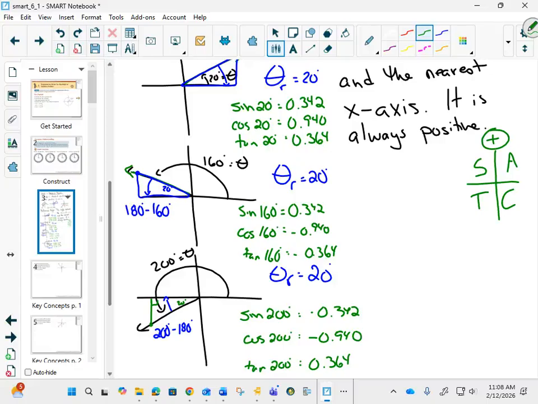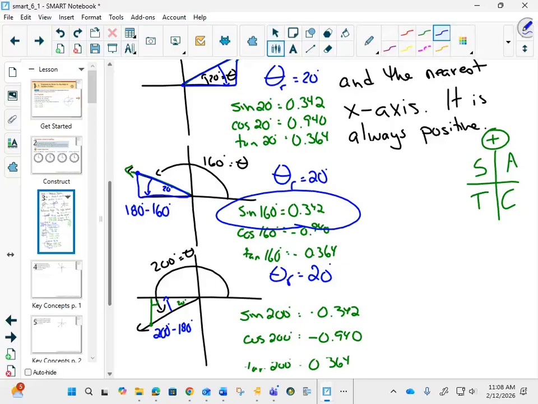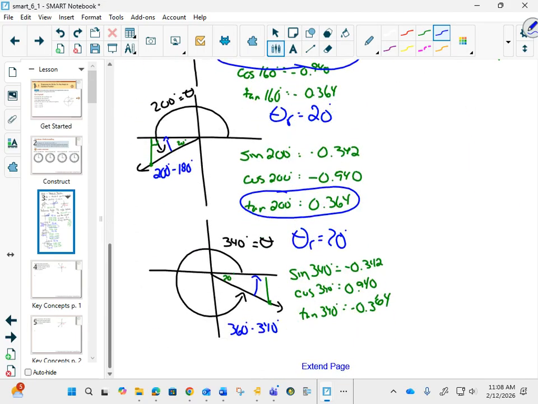All of them are positive in quadrant 1. When you get to quadrant 2, did you notice that the only one that was positive was sine? That's not quadrant 2. Let me circle up here. There we go. The only one that was positive in quadrant 2 was sine. The only one that was positive in quadrant 3 was tangent. And the only one positive in quadrant 4 was cosine.